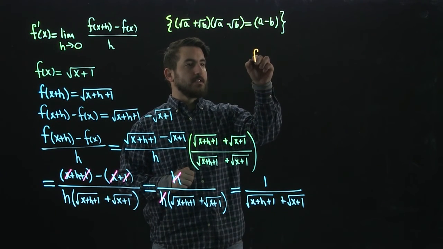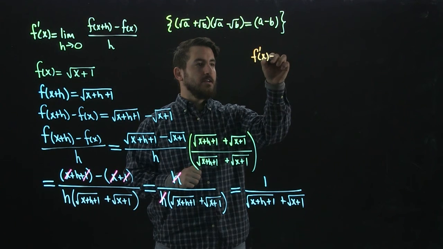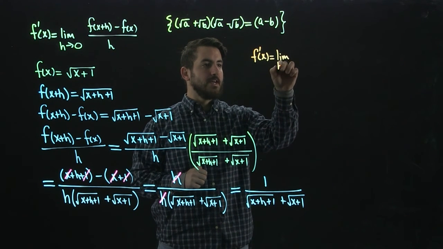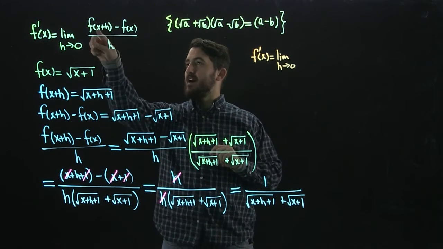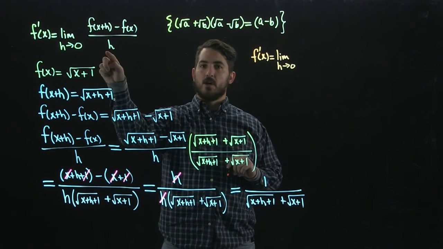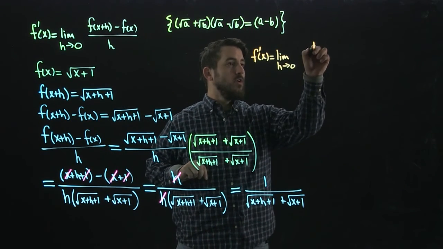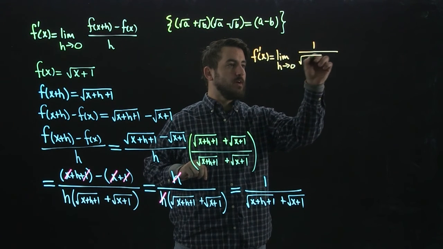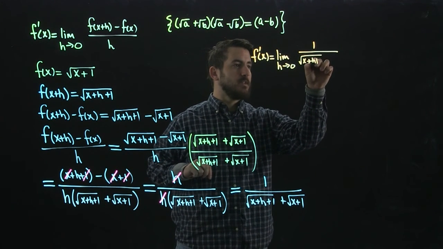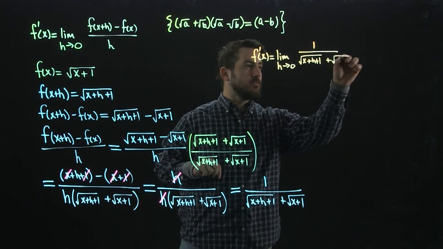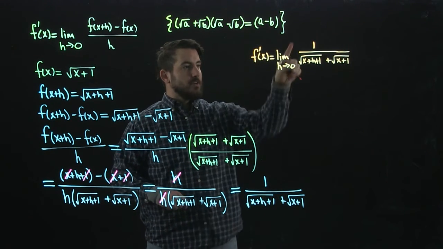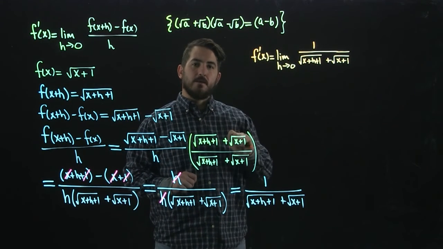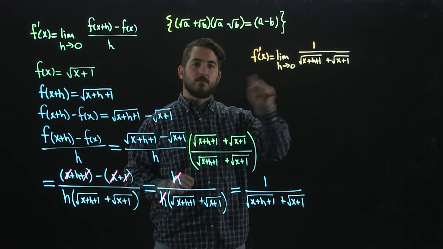So I'm going to look at f prime of x equals the limit as h goes to 0 of f of x plus h minus f of x all over h, which equals 1 over the square root of x plus h plus 1 plus the square root of x plus 1. And so now I can evaluate this limit. I'm going to replace all the h's with 0.